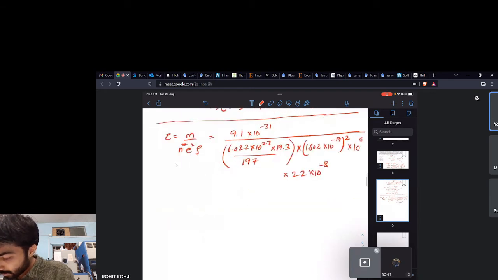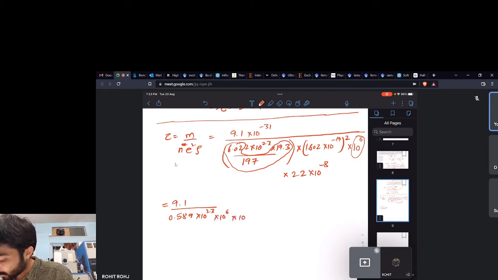Okay, so let's do this explicitly and collect the numeric numbers on one side and the 10 to the powers on the other. 9.1 divided by, if you solve this particular portion, you would find it to be 0.589 into 10 to the power 23, and we have 10 to the power 6 here.